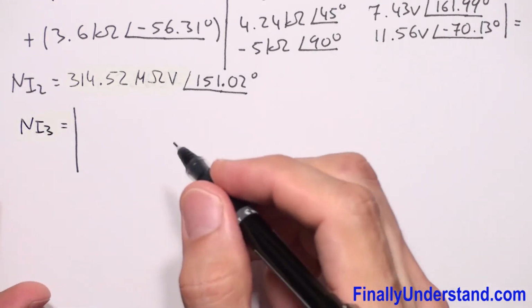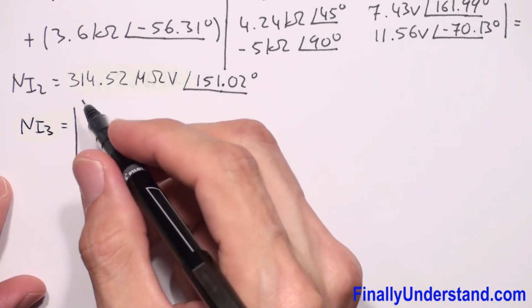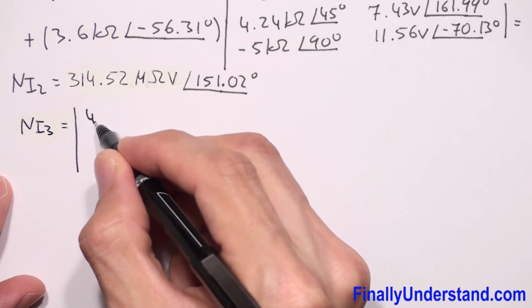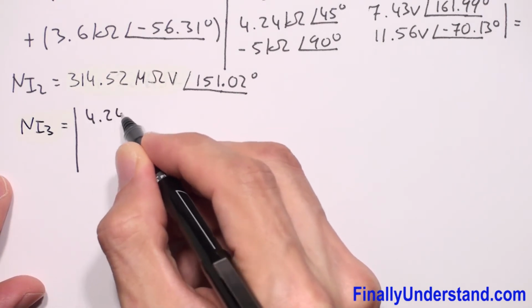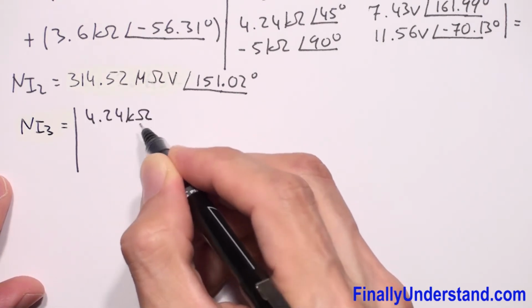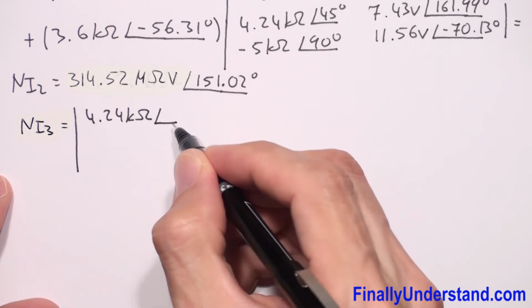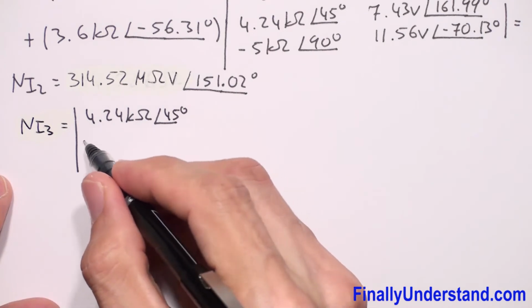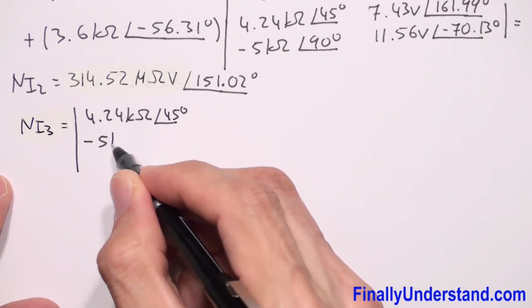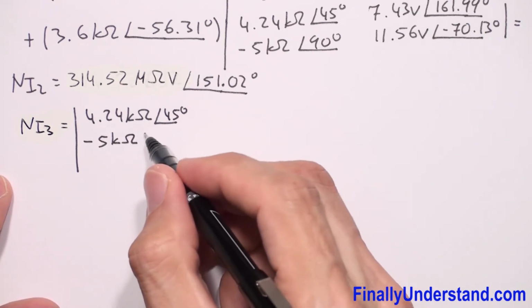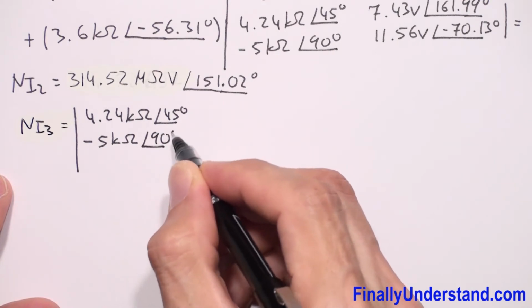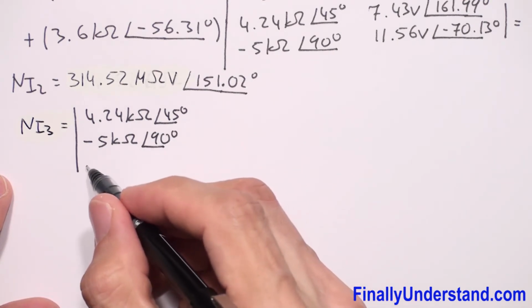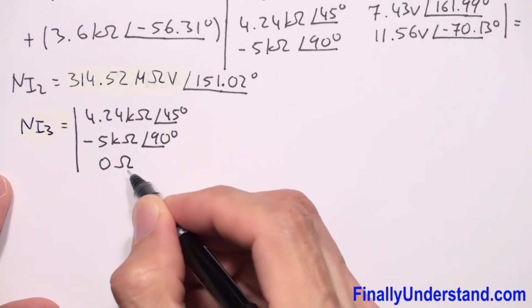Let's copy this down. So in delta, my first column is 4.24 kilo ohms and angle of 45 degrees, and I have minus 5 kilo ohms and angle of 90 degrees, and I have 0 ohms.